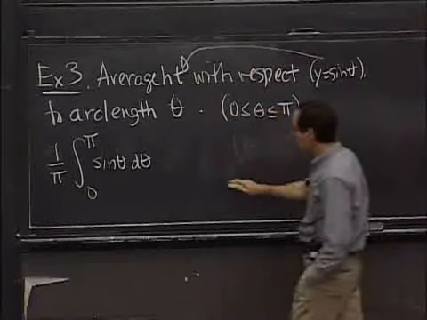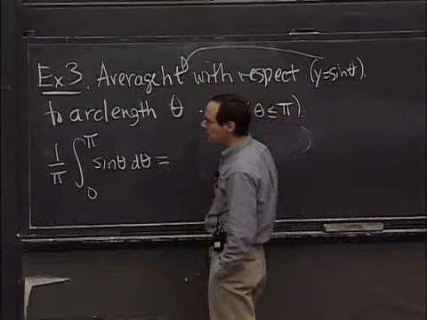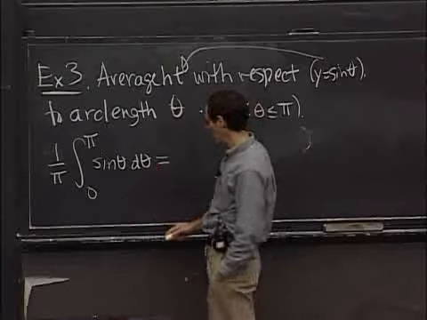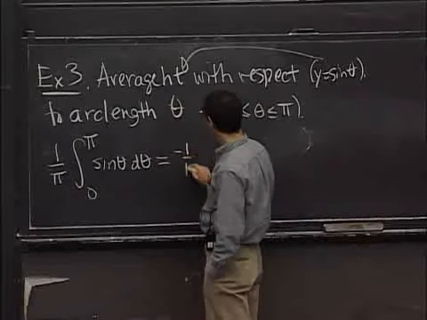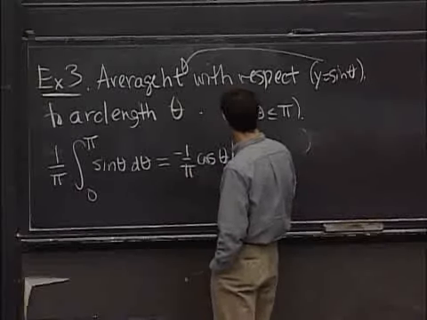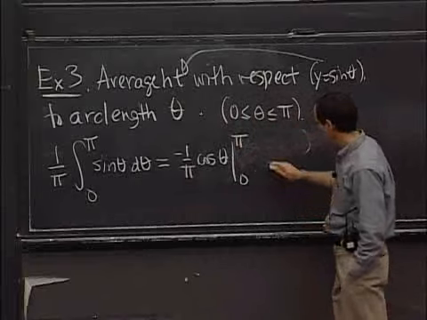All right, so let's work it out. This one, we have the advantage of being able to work out because we know the antiderivative of sine theta. It happens with this factor of pi, it's negative cosine theta. All right?